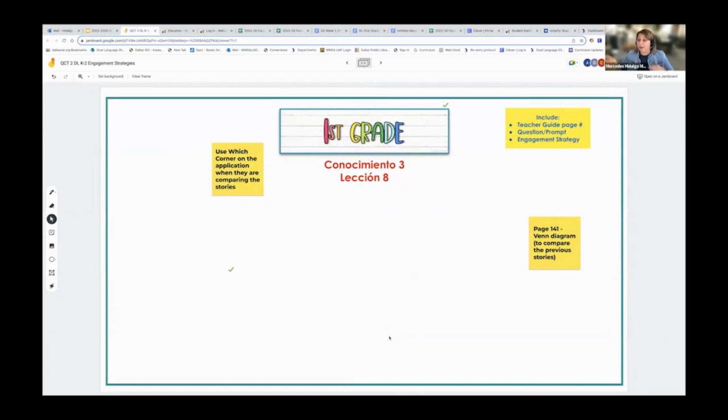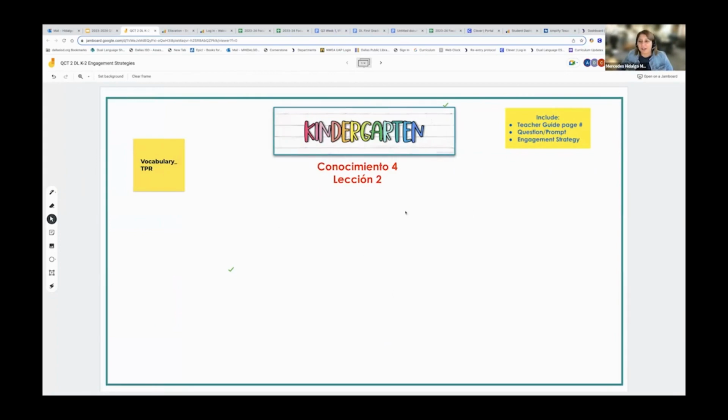So you can compare previous stories to the new ones, or you can make each corner be one of the stories, and then the kids get the cards and walk to the corner and retell the story. That's another option. And in kinder, well, this is my example, kindergarten teachers.